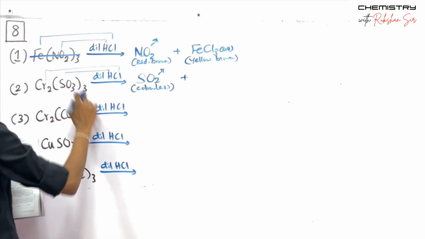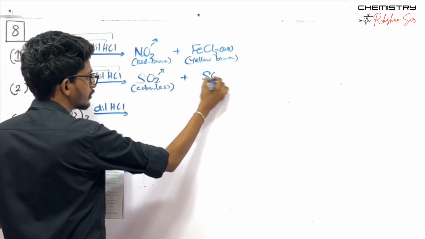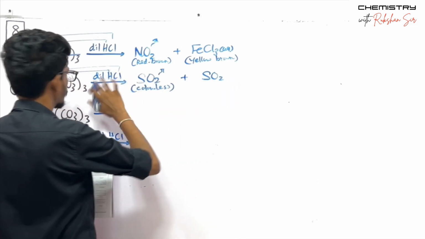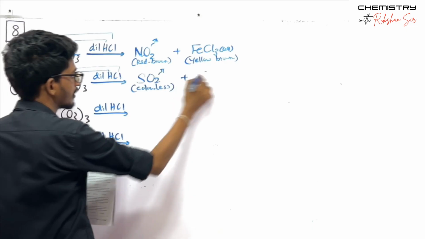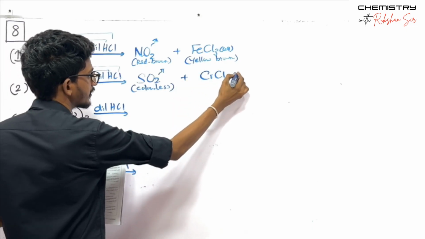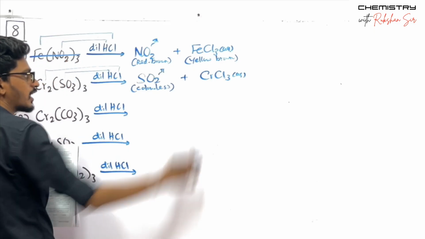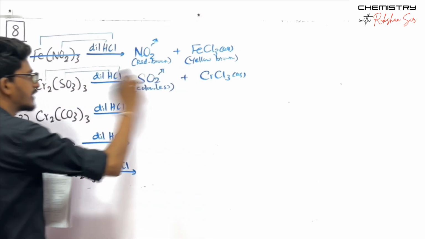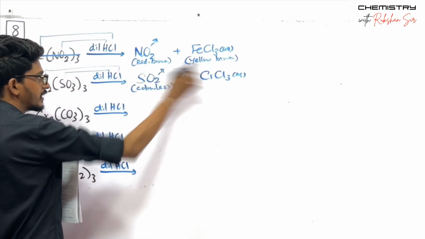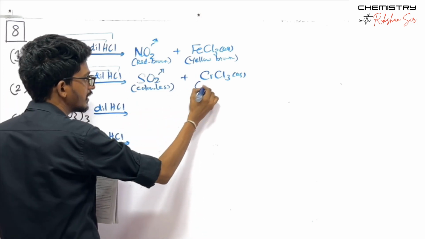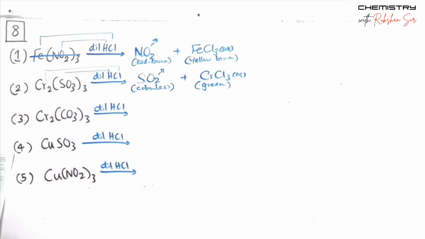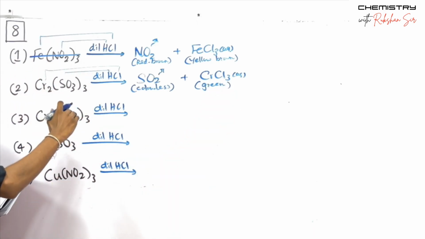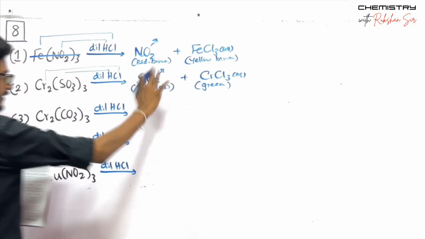These two connect to H2SO3, that means SO2 gas, while the Cl minus connects to the Cr3 plus to give CrCl3. The color is due to Cr3 plus aqueous ions in acidic medium, which is green. So that stands: colored solution, colorless gas. It is okay.